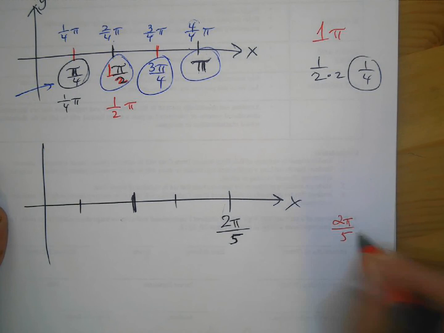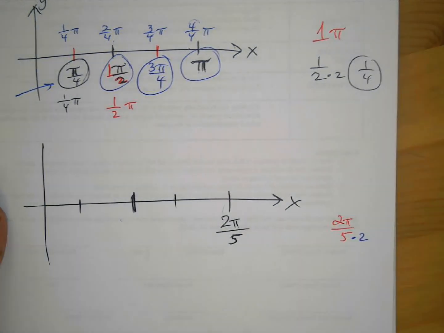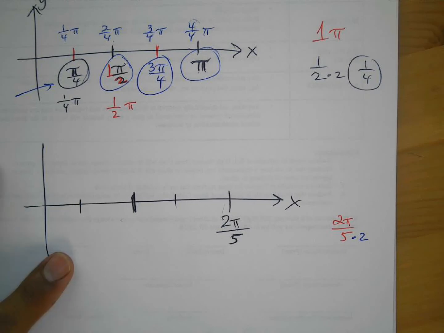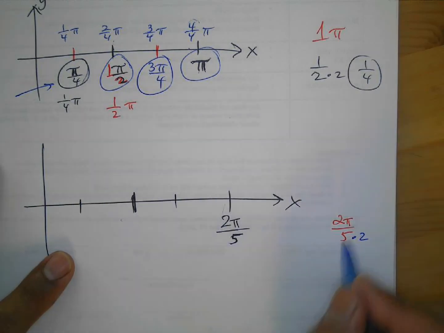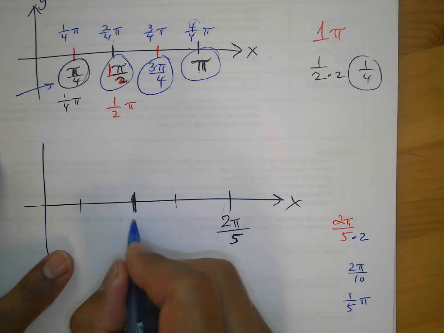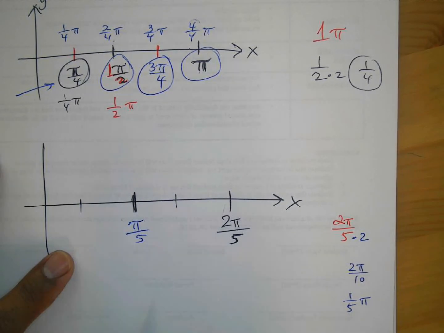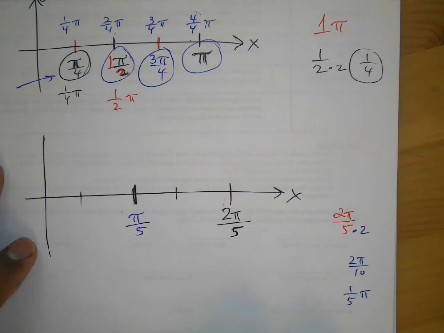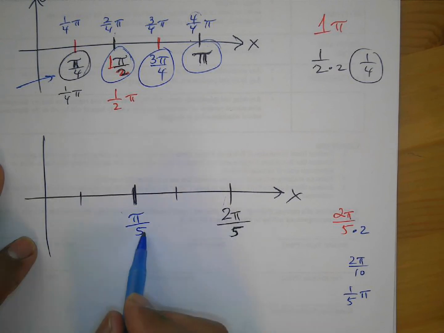Well, 2 pi over 5, and I'm taking half, that means you multiply the bottom by 2. And then you can either cancel the 2's, or you can do 2 pi over 10, and you'll still get 1/5. It's still going to reduce to 1/5 pi. 1/5 pi, or pi over 5.